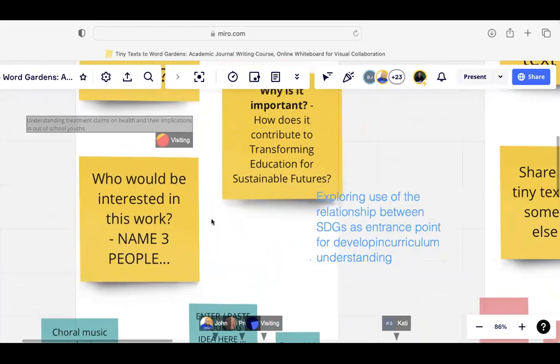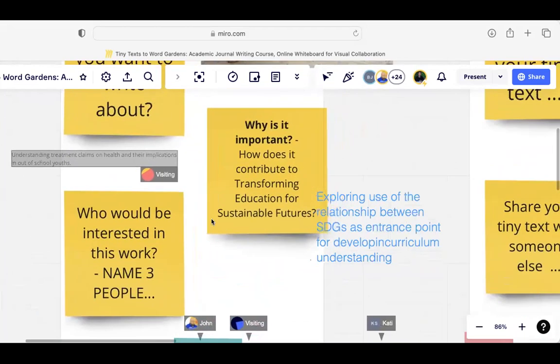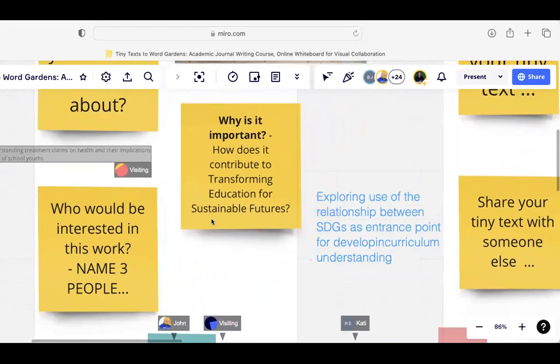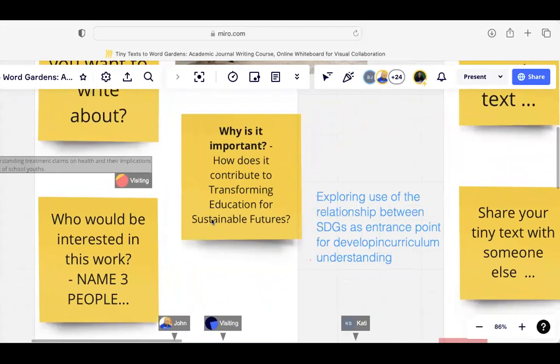Okay, so if you've got your main idea down, then the next question I want to ask you to engage yourself with is, why is it important? Why is this important? And how does it contribute to transforming education for sustainable futures? So perhaps you can just add that to your own notes. You don't need to add that onto the mirror board at this point.